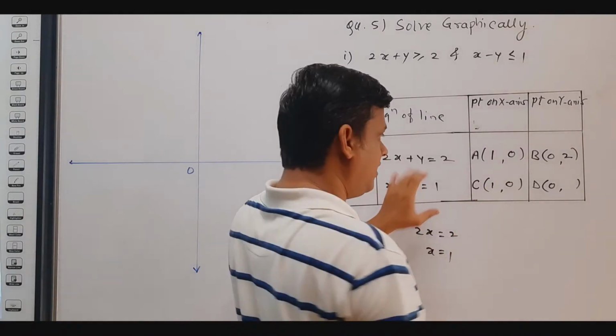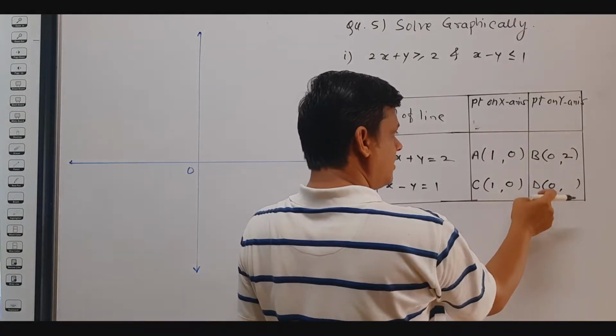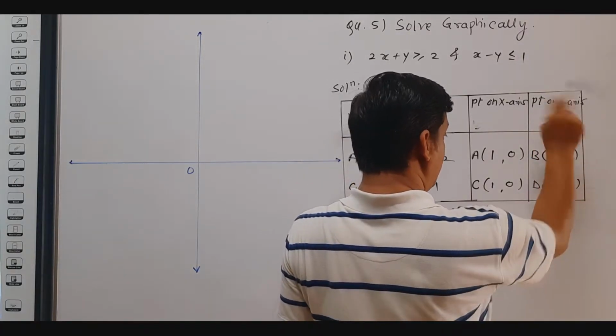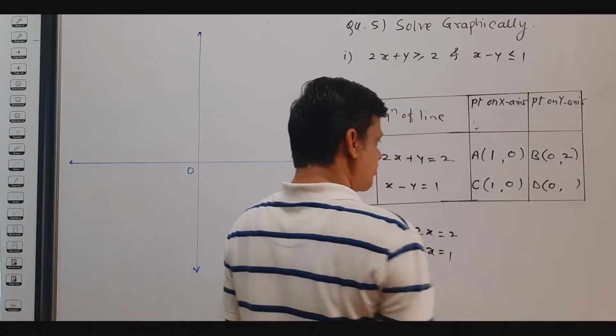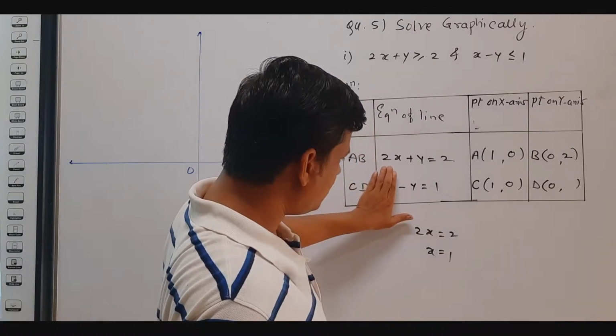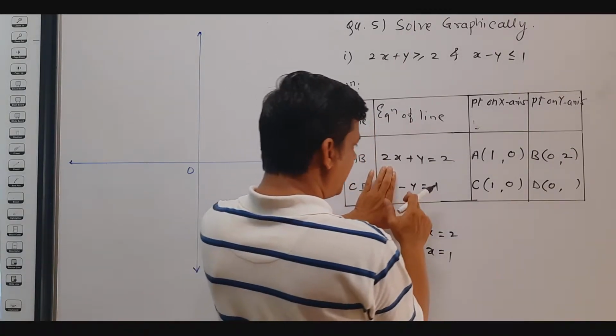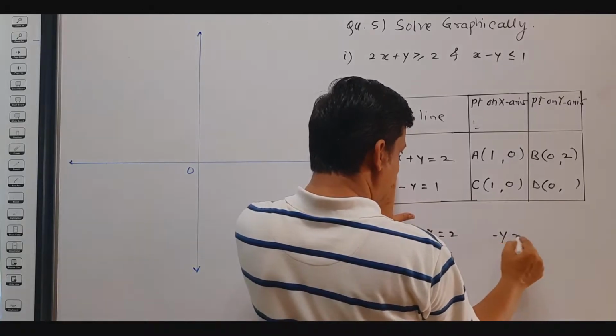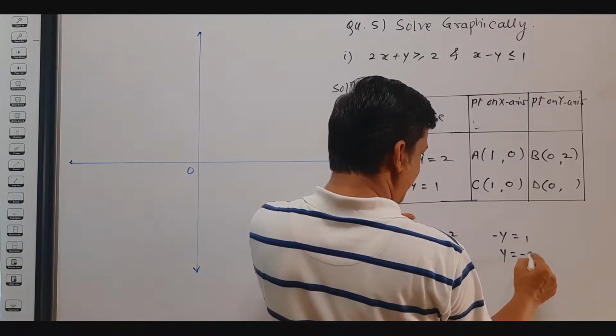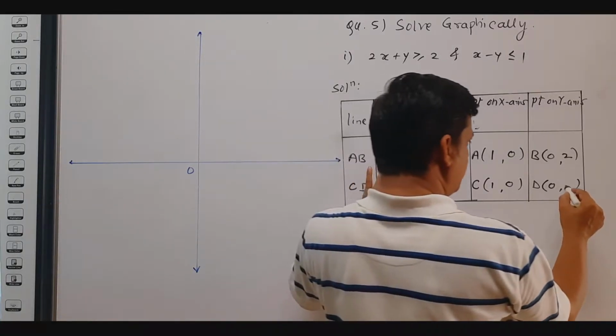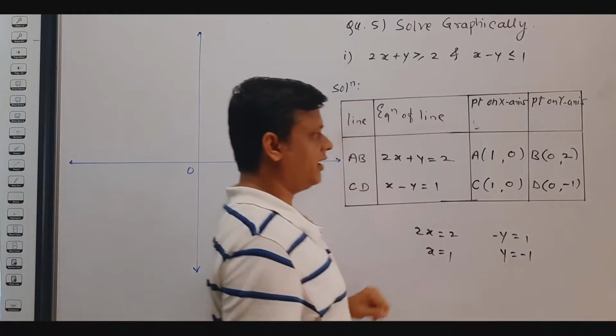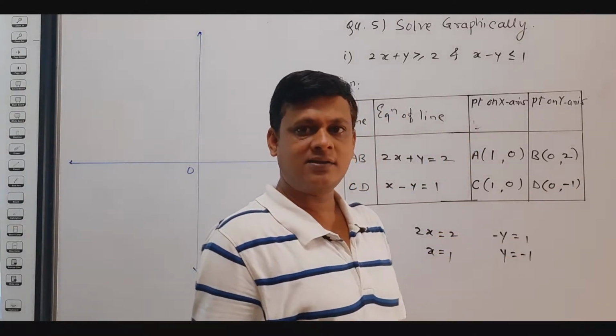Now we have to find the coordinate of point D. This point D is on the y-axis, so the x coordinate is 0. That means minus y equals 1, so from this we write y equals minus 1. So the coordinate of point D is (0, -1).